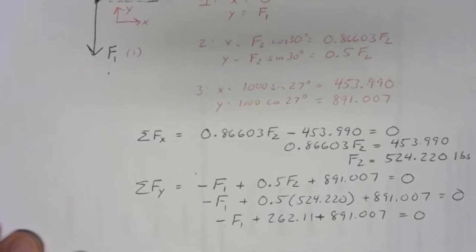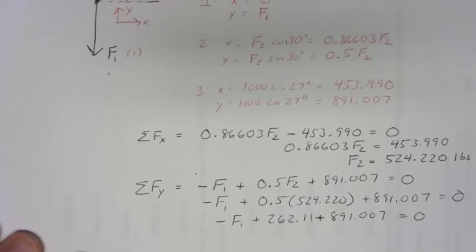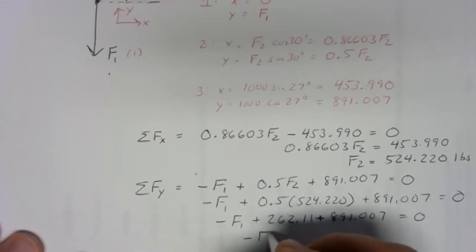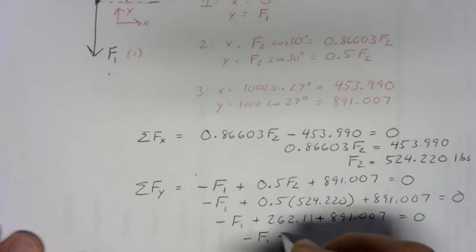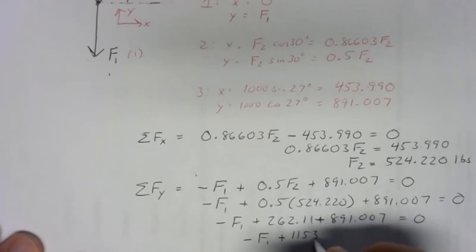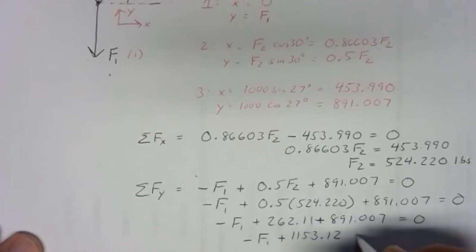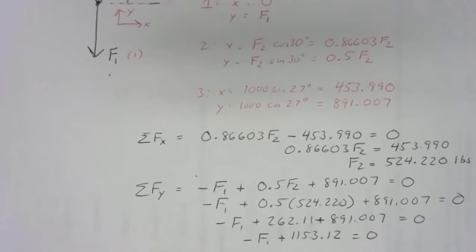And we can combine the numbers together. 262.11 plus 891.007. That's 1153.12. So we have negative F1 plus 1153.12 equals 0.